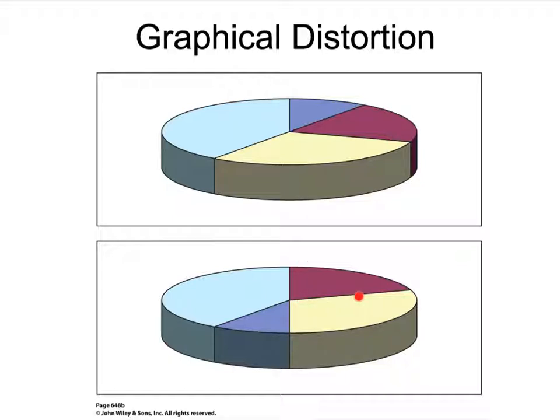Here it looks like it's less than a quarter. Here it maybe looks like it's about 25%. And they all just are a little off. That's because perspective is used in this drawing to create this three-dimensional picture. What would be better is to just have a flat bar graph, no three-dimensional aspect, so you can appropriately determine the percentage of each shaded region.